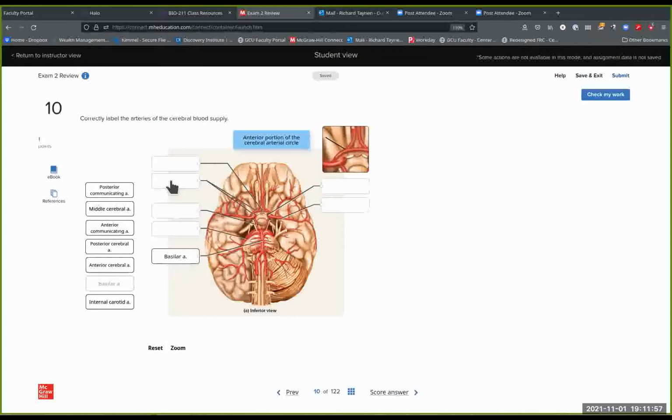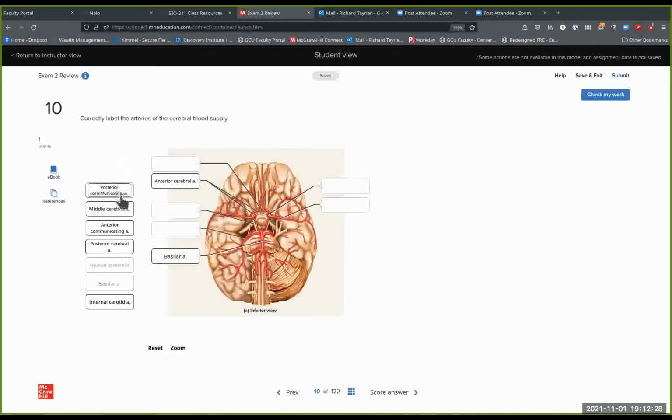Anterior cerebral. It is. I've done this one. Yeah, you're right. I was anterior communicating, but you're right. Okay. How about here? Posterior communicating. Yep.